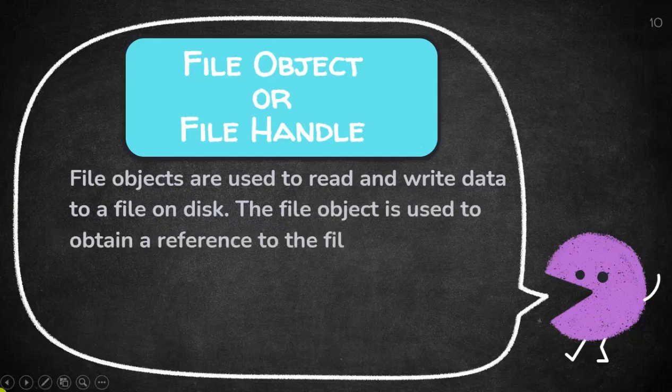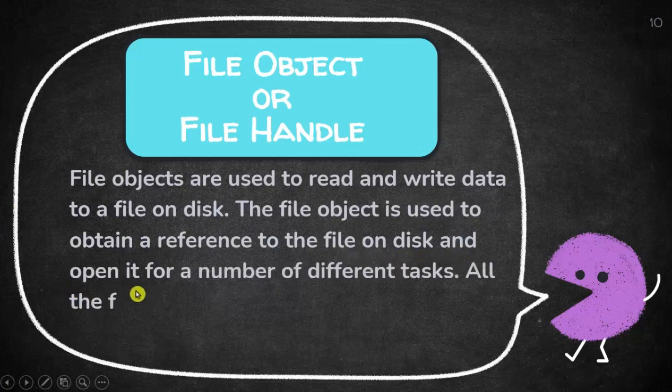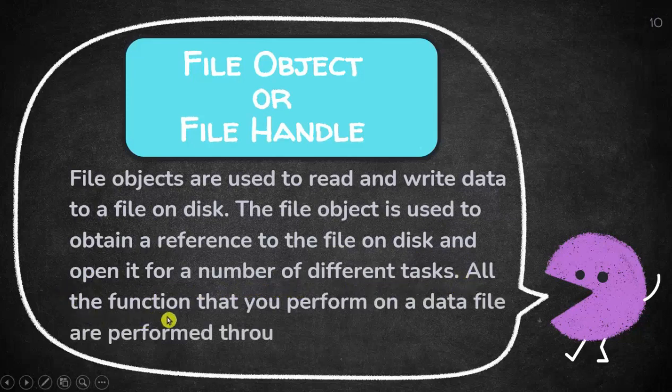The file object is used to obtain a reference to the files on disk and open it for a number of different tasks. All the functions that you perform on data are performed through file objects. So basically, if you want to read or write on a file, in that case we need a file object. Without this file object we cannot perform any operation on the file, because this file is stored on a disk and we want to apply the read and write operation in our Python compiler.